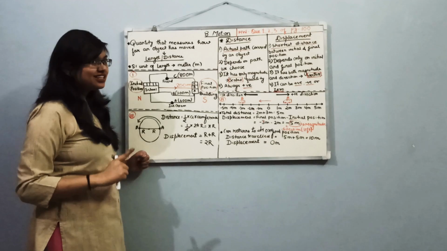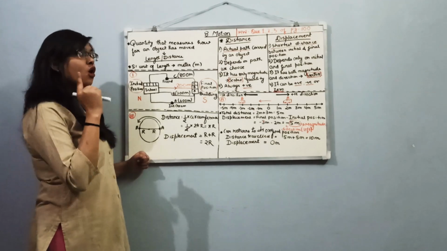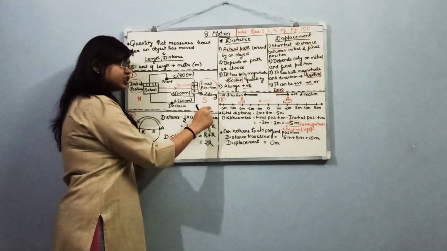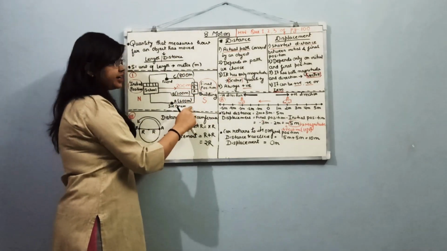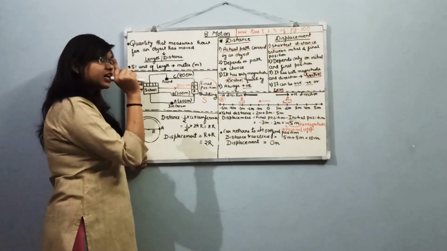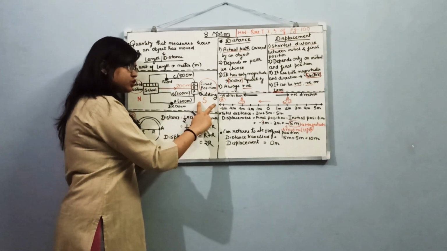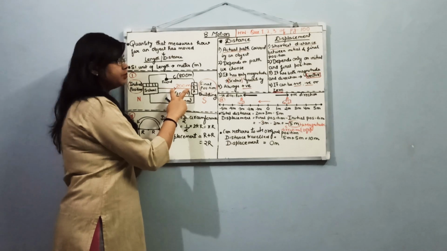Now, an interesting thing to note is that although for the same initial and final position the distances are different, there is a shortest distance between the initial and the final position, that is 200 meter.